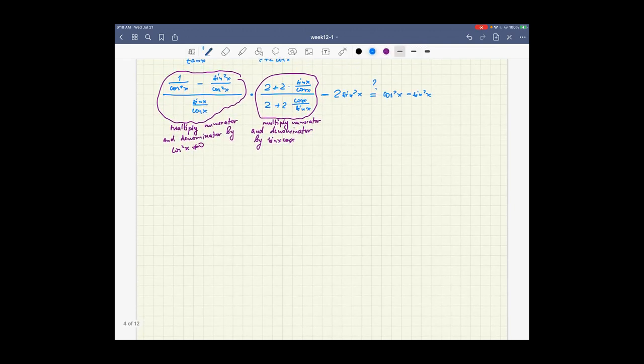So what will happen? When we multiply this by cosine squared, we'll get simply 1. Here we'll get simply sine squared. Here, when we multiply sine over cosine by cosine squared, we'll get sine times cosine.